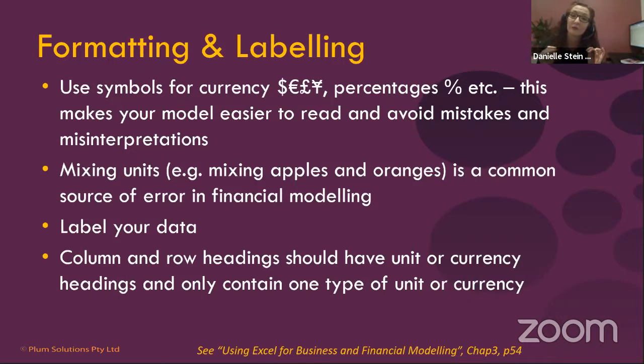And so that's why it's really important to make it very clear what the units are by using formatting and also for labeling. And most of my models, you'll have one row that is dedicated for units or one column that is completely dedicated to units, just to make that really clear what those different units are.